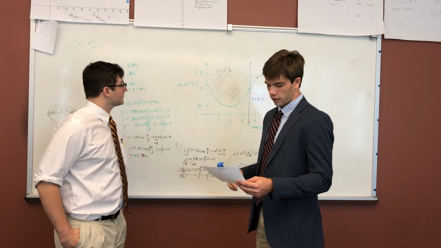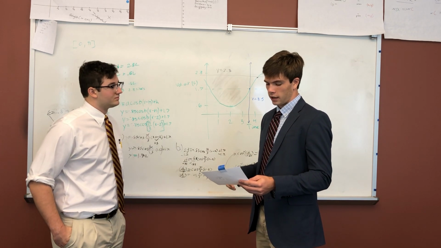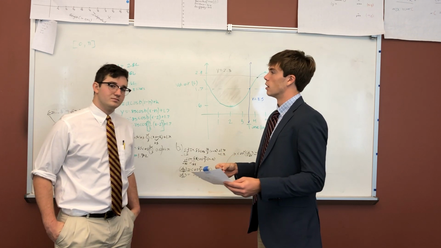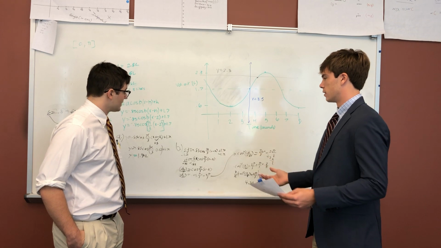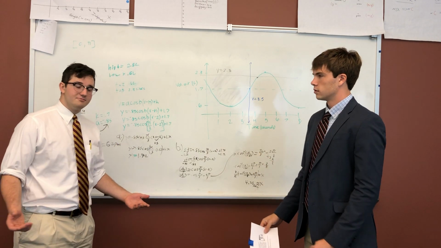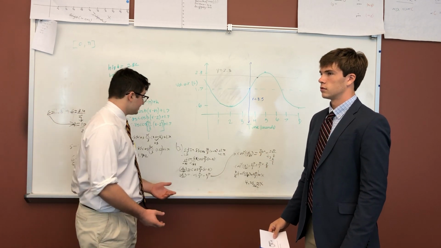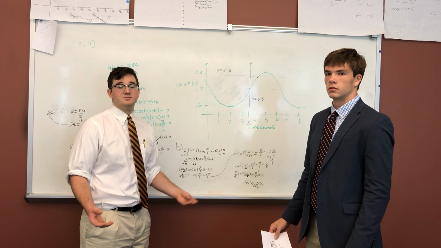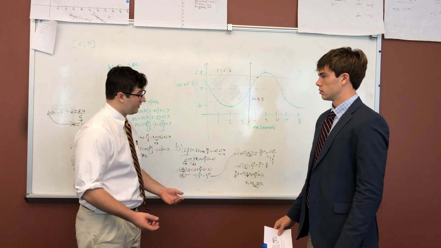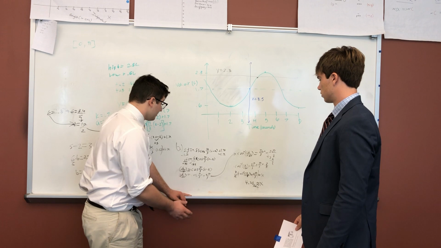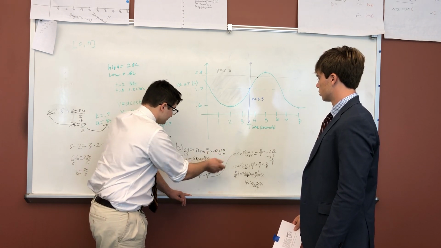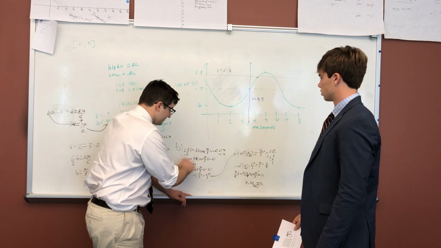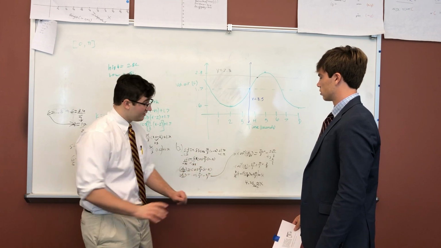The second question is find the first time Karen has 2.3 liters of air in her lungs. So, Decker, you want to explain the math you did? The math I did here was essentially algebra. Writing this out, we see that you subtract by 1.7, divide, all that good stuff.